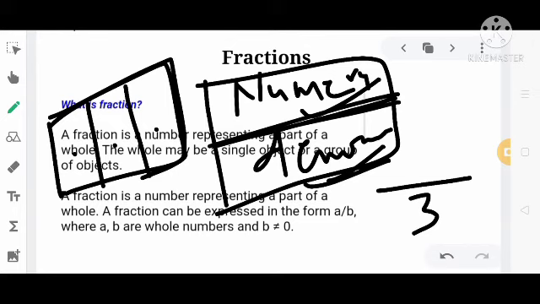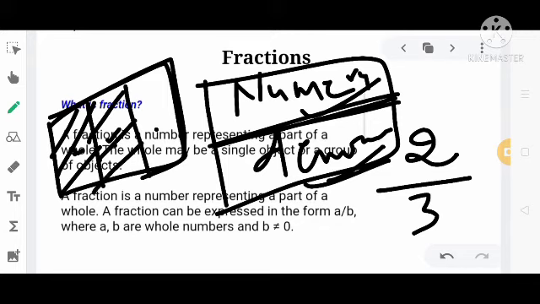And numerator represents what we want to take. Suppose I want to take 2 pieces of chocolate, 2 parts. Then the numerator will be 2. Then the fraction is 2 by 3, and 2 by 3 represents this shaded area.